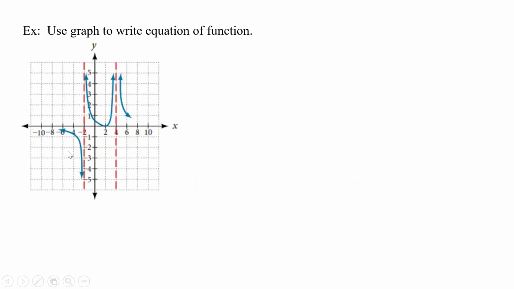And now what we're going to do is use this to try to write a function of this graph. Okay. And so let's see here. Let's write down what we know. Let's go ahead and go back to purple. So what do we know? Well, it looks like we have vertical asymptotes, at x equals -2 and x equals 4.